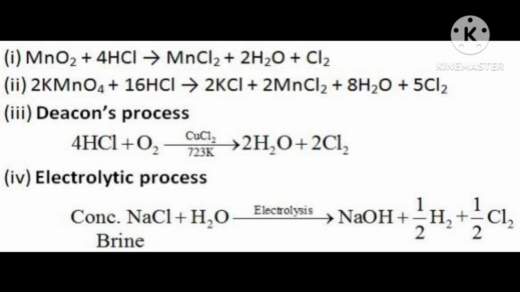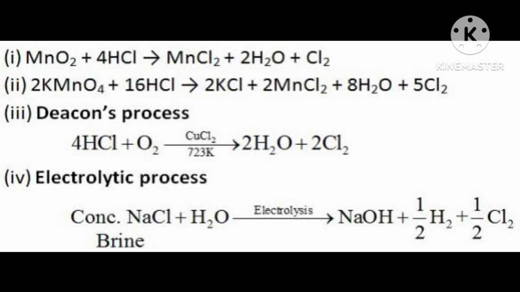Preparation. How we will prepare chlorine, that I am telling you. It can be prepared by any one of the following methods. There are 4 methods in total, of which 2 are common.